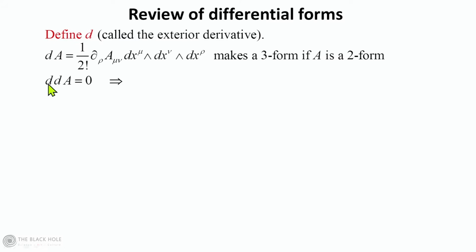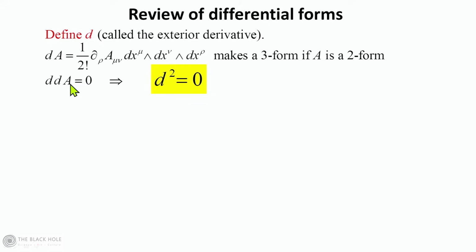Now it's very easy to prove that if you apply D twice on anything, you will get 0. And that tells you D squared is 0. Basically, if you apply D over here, then you would have, let's say, D sigma dx sigma, and then because of the commutation of partial derivatives, dx sigma and d rho, they commute with each other.